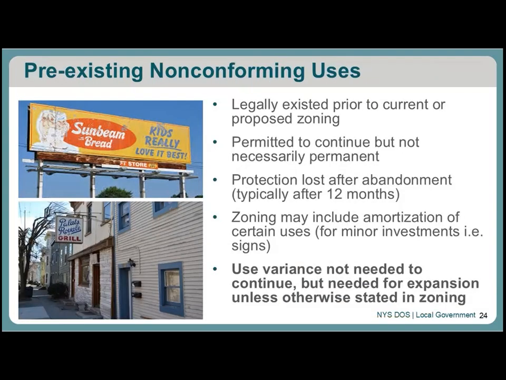And then for uses that existed prior to the adoption of zoning, your first zoning law or ordinance, or uses that existed prior to an update to zoning, if they were legal under a prior code, or if they existed prior to zoning being implemented in the first place, those are considered pre-existing legal non-conforming uses, and they are offered a certain amount of protection in that they are allowed to continue to function and operate as they did at the time of that new zoning.